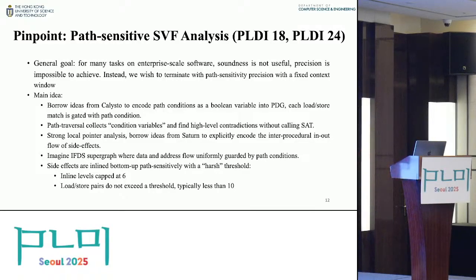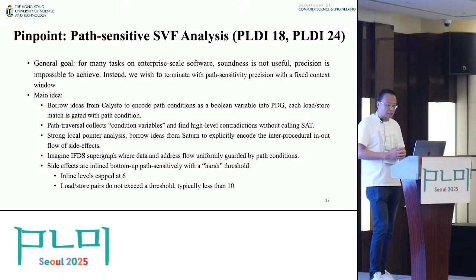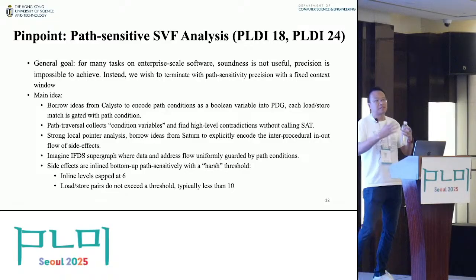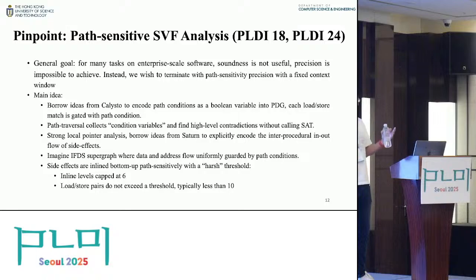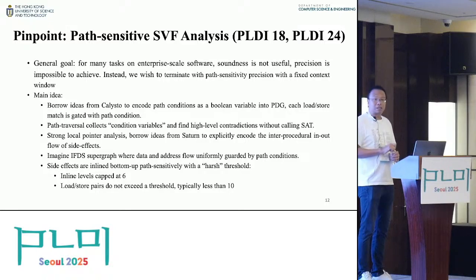The end result is that, for those familiar with conventional value flow analysis, you can imagine an IFDS supergraph, but with pointers all resolved, and with path conditions encoded inside. So we can do one traversal of a reachability query and collect everything into one query. We don't have to do a separate path-sensitive pointer analysis. We can do everything in one traversal, in one query.